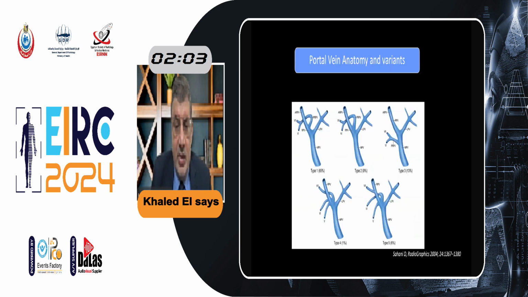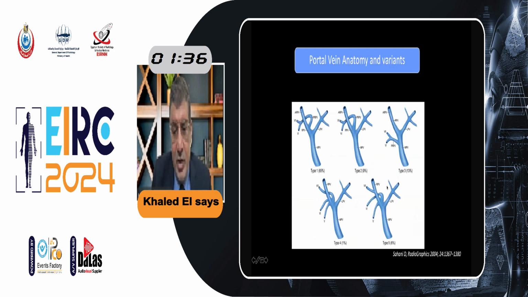Those are several hepatic portal vein anatomy and variants, and this is type 1, which is 65%, and it has the classic portal vein anatomy: portal vein, left portal vein, right portal vein, and the right can be divided into anterior and posterior right portal veins.